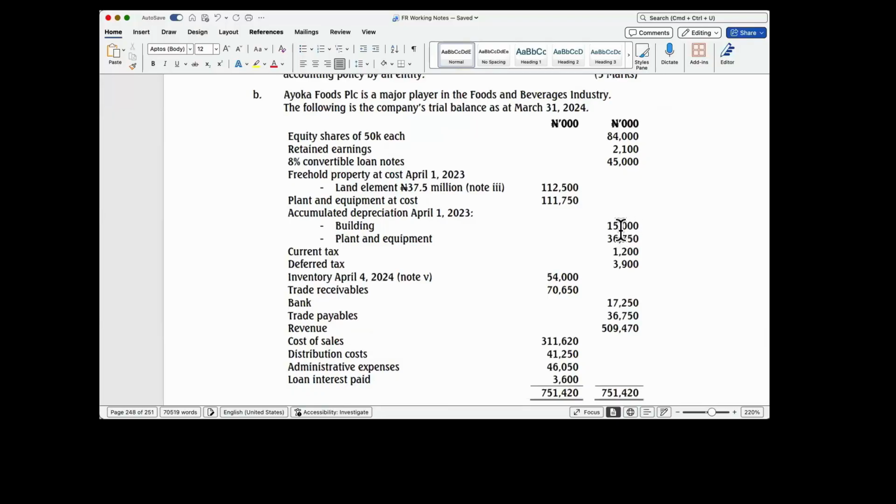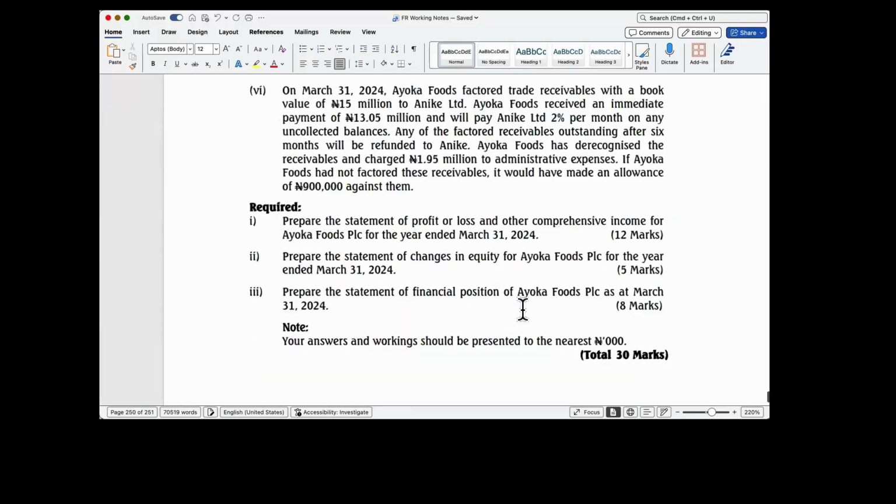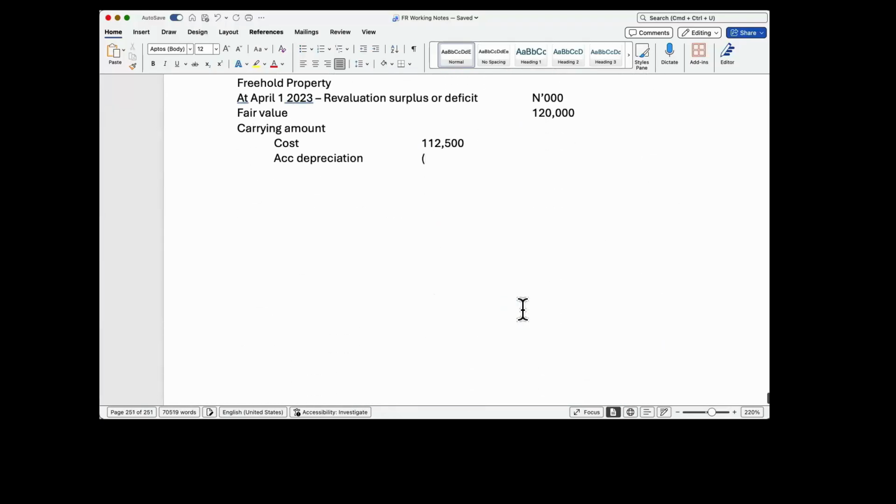That is it on the credits. That's the accumulated depreciation. So what's my carrying amount? 75,750.